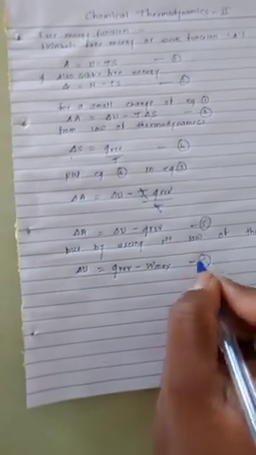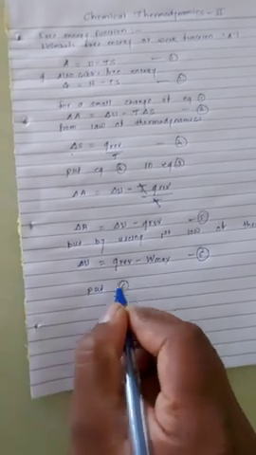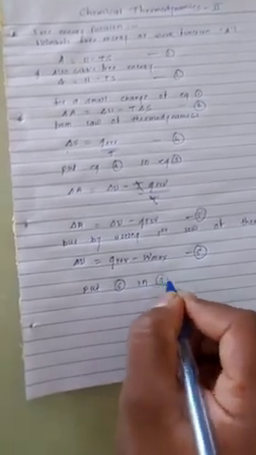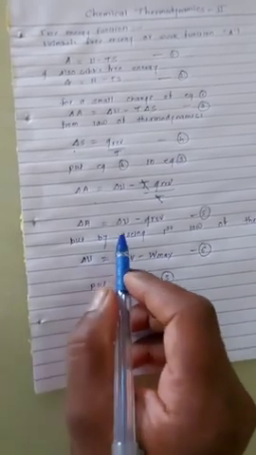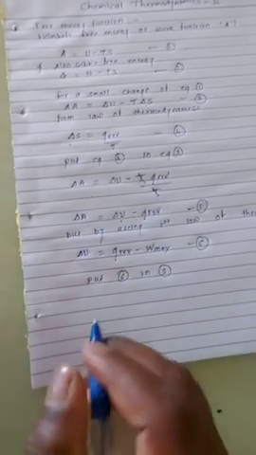This is equation number 6. Again, put equation 6 in equation number 5, that is, we put the value of delta U in place of delta U in equation number 5.